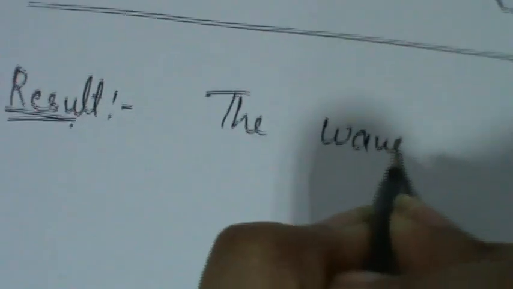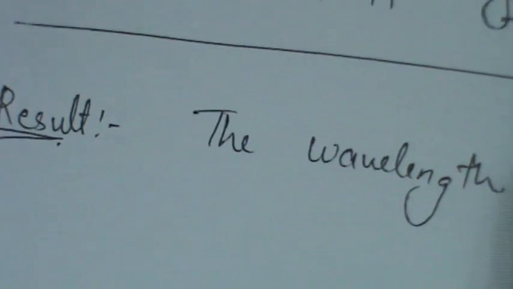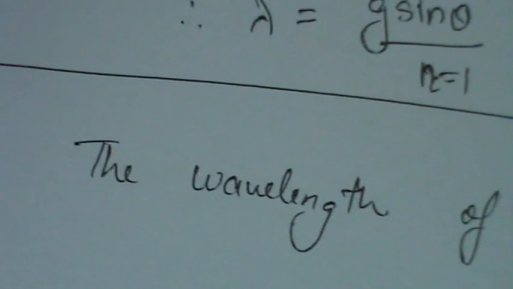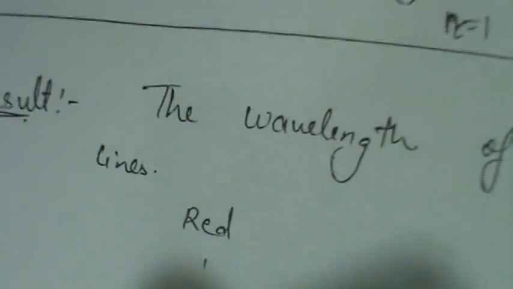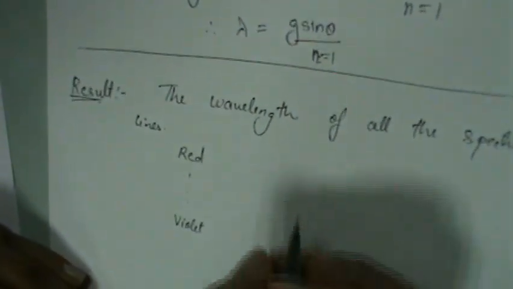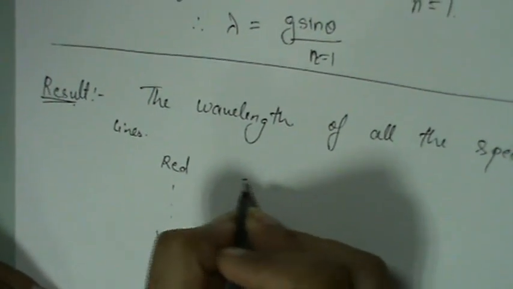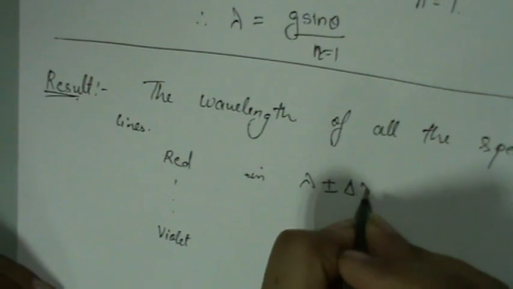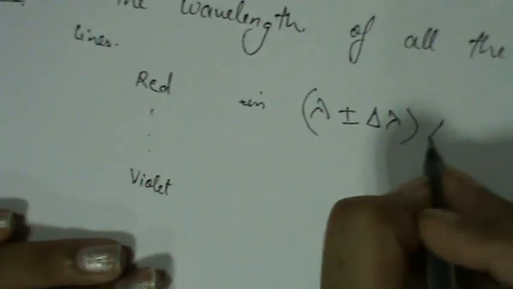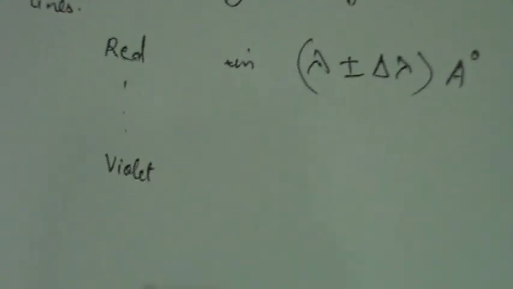In the result you will mention the wavelength of all the spectral lines, from red up to violet, in the form lambda plus or minus delta lambda, and the unit will be Angstrom.